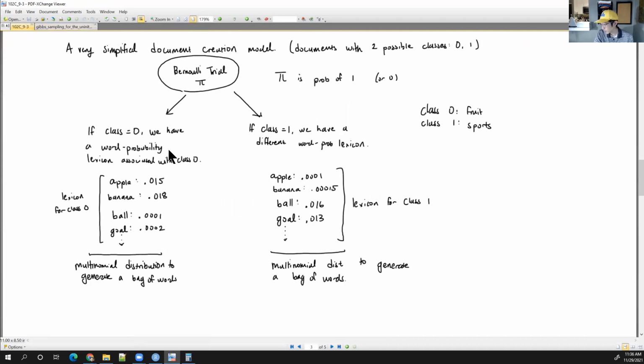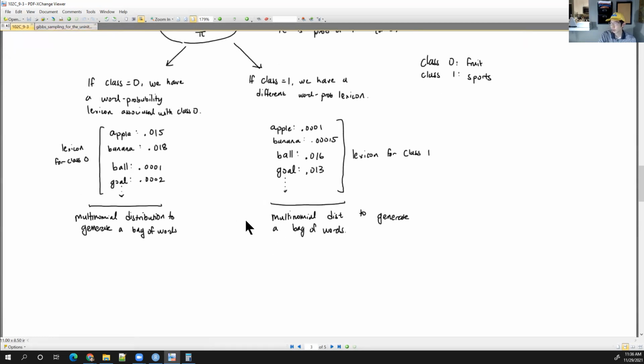Okay, and once we have that, we can then go through and count up the words that appear in each of these things.